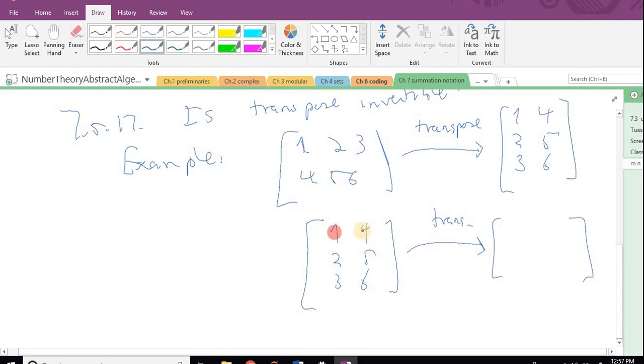Well, I know that rows become columns, so that's 1, 2, 3, 4, 5, 6. So yes, in this example, it seems that transpose is its own inverse.